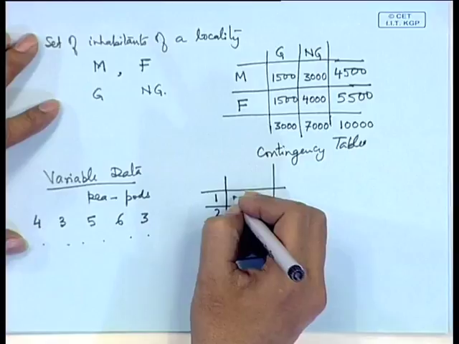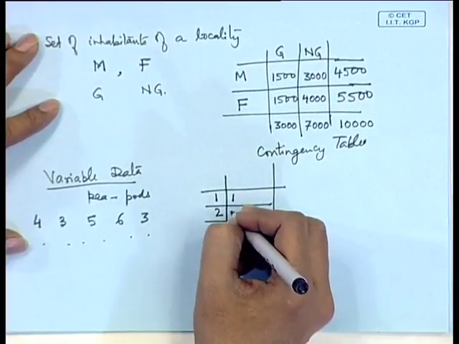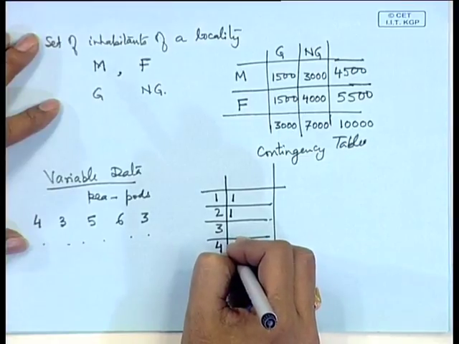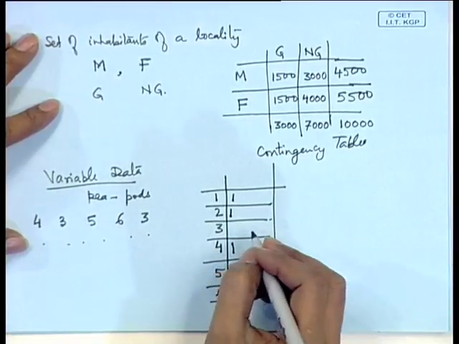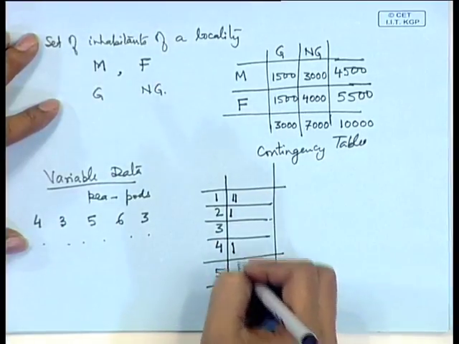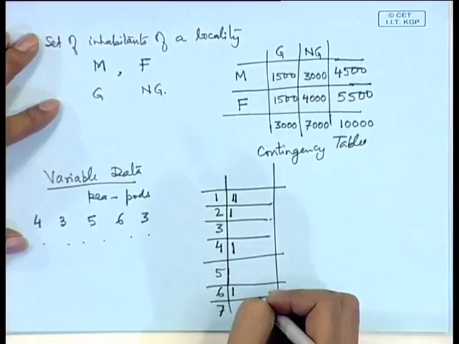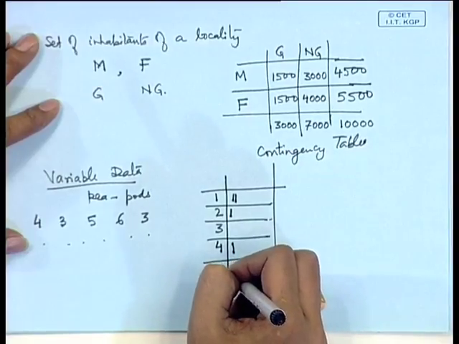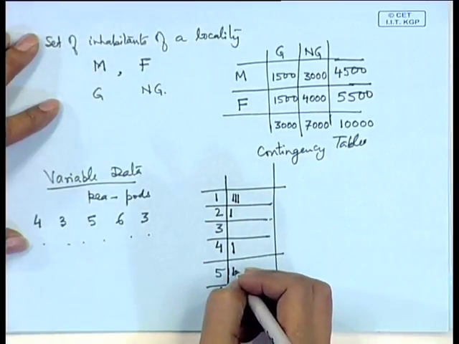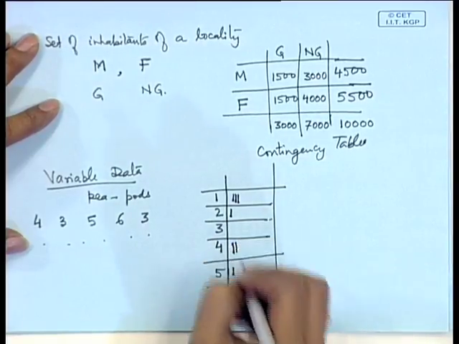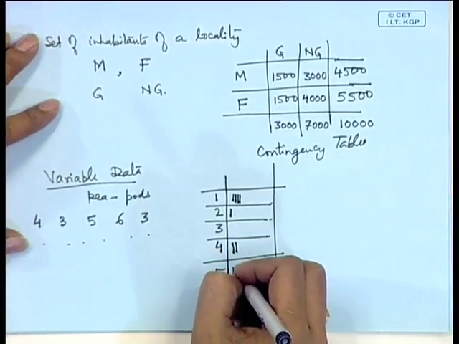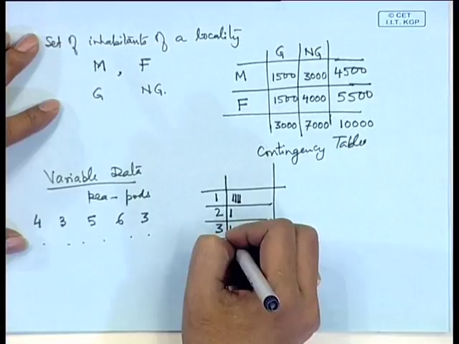So, if 1 occurs once, we make a tally mark, if 2 occurs once, we make a tally mark, suppose 4 occurs, we make a tally mark, suppose next 1 is again observed, we make a tally mark, then suppose 6 is observed, we make a tally mark, then 5, then 1 again, then 4, then 1, then 5, then 3.